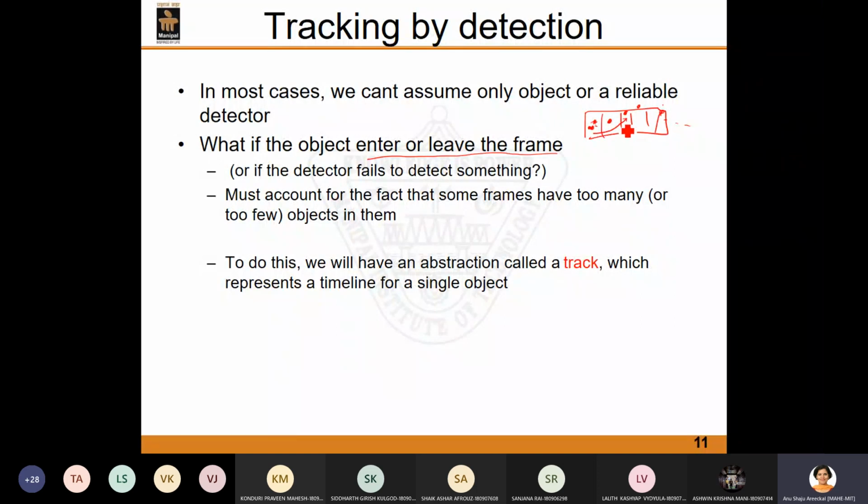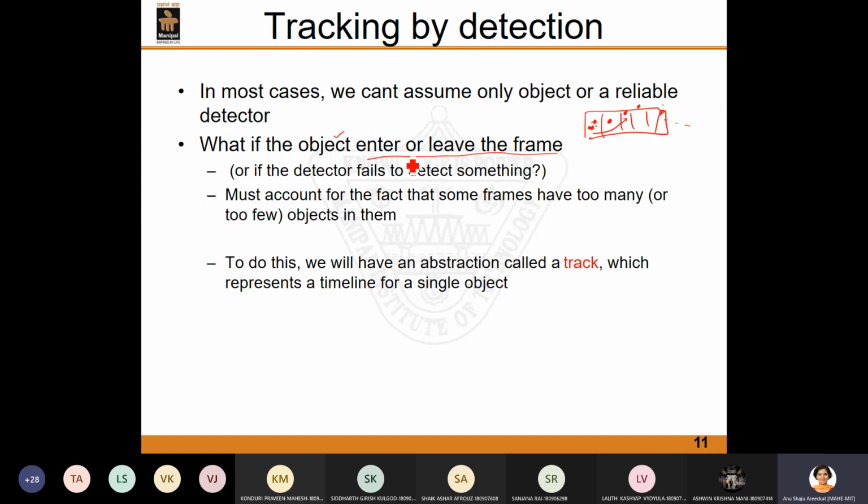There are other techniques also where you can combine all these trajectories together to get a smooth path too. So what you have to remember is that there would not always be an object in the image frame that we are considering. There are chances that the object may enter or leave the frame.